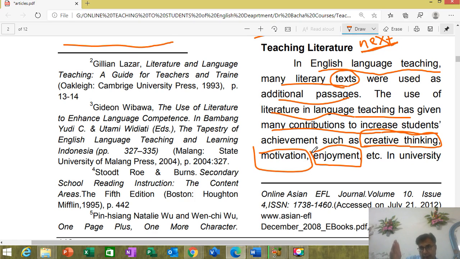Literature in language teaching, my dear students, has done tremendous work because the use of literature makes the students creative thinkers. Let me talk about Coleridge's poetry, like Kubla Khan.